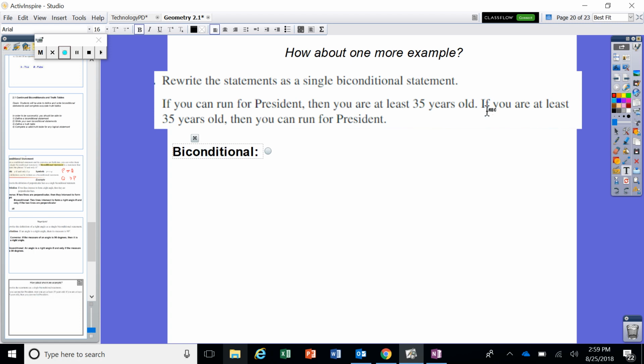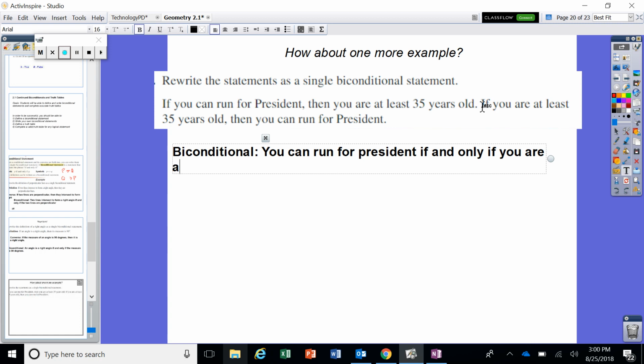The second sentence, starting with if you are at least, will act as our converse statement. So putting them together, what's the only way you can run for president? You can run for president if and only if you are at least 35 years old.